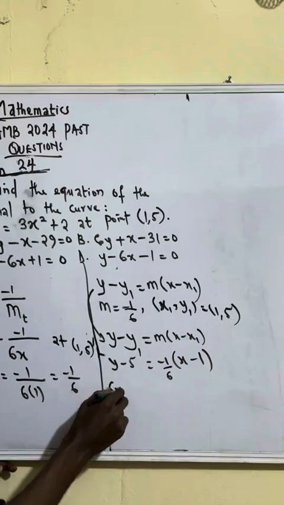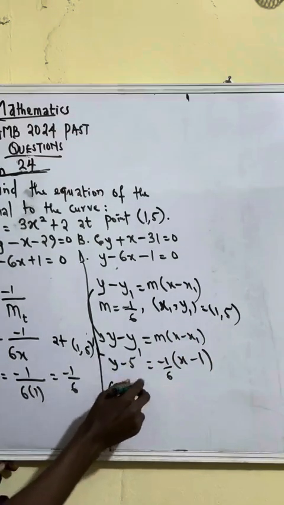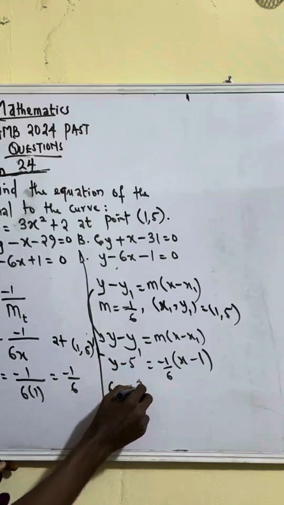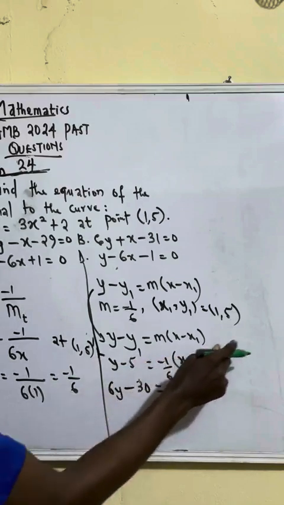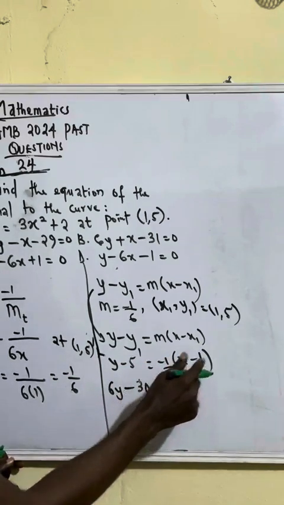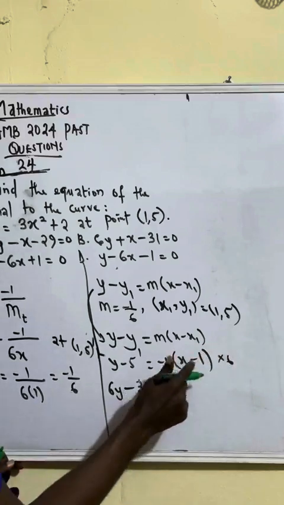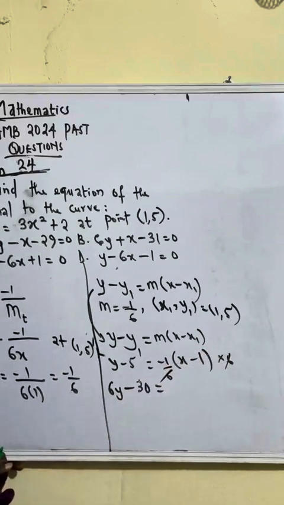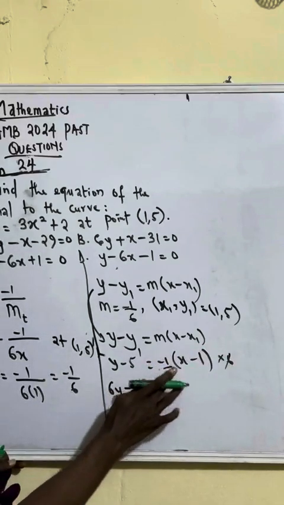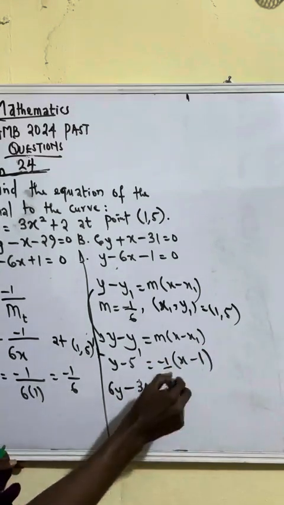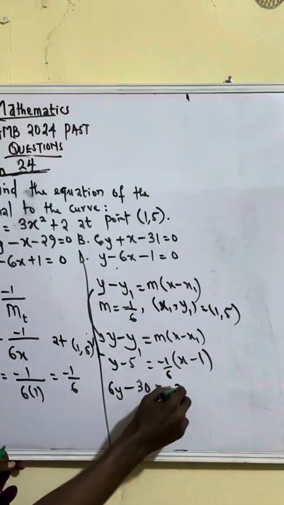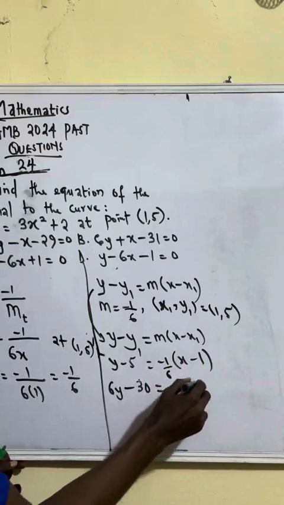So I will have 6y minus 30 equals, open this bracket with minus 1, because if you multiply by 6, the 6 will cancel out. So I will now have minus 1 times x, that is minus x, minus 1 times minus 1, that is plus 1.